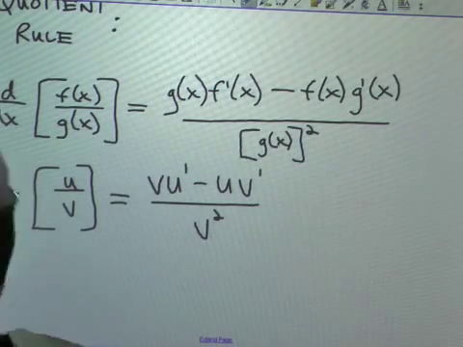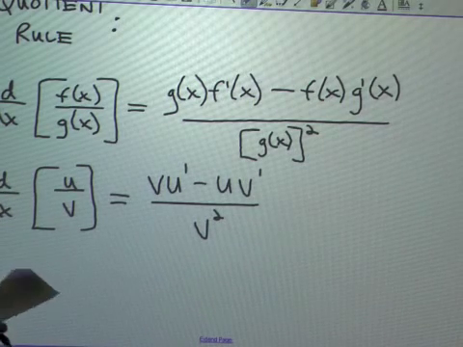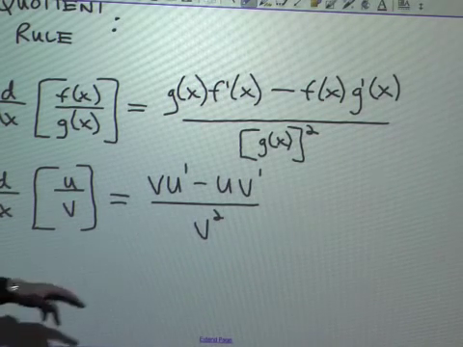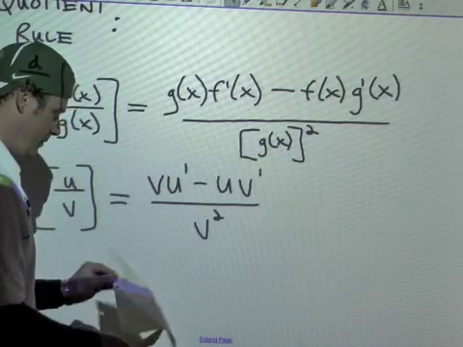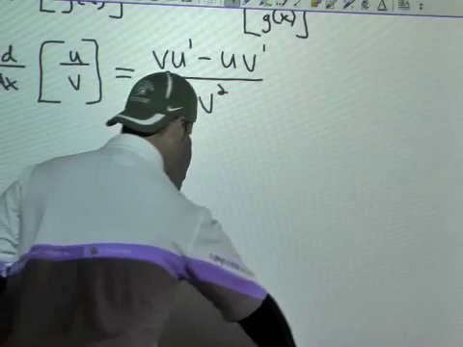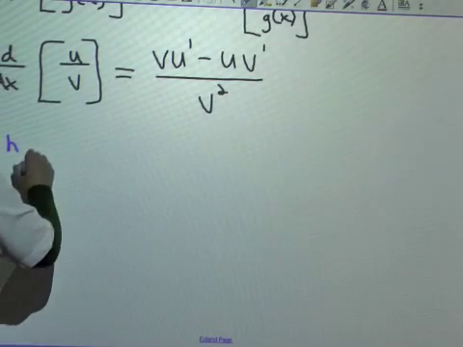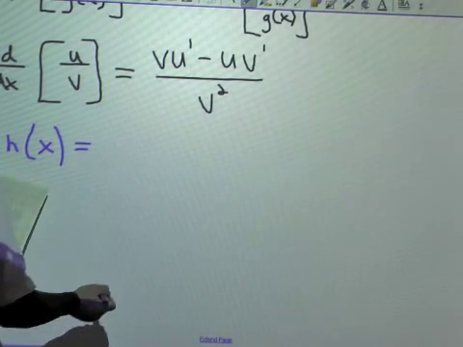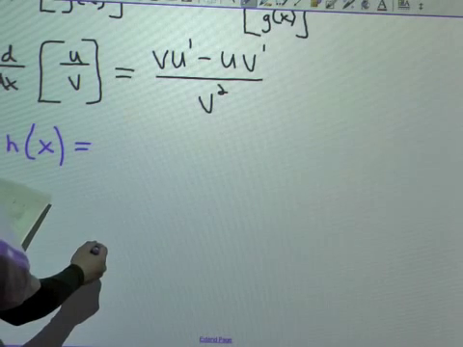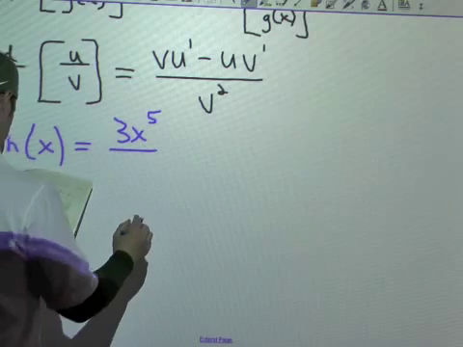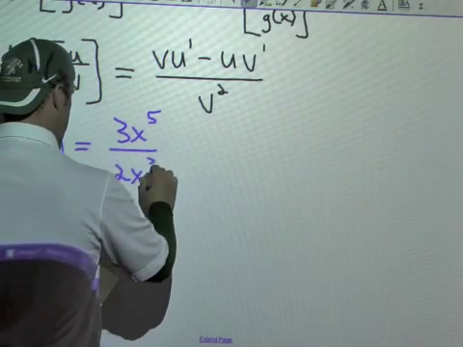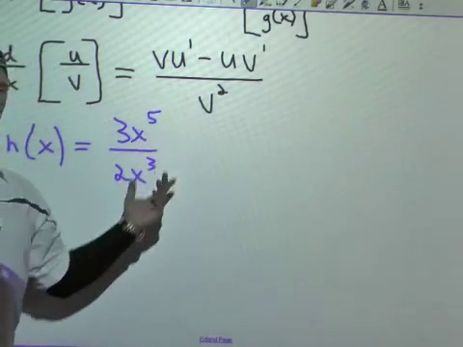So you'll see both of those in action. Now let me try to show you how this works. Again, going back to that last example. So remember I had my h of x function, which was 3x to the fifth divided by 2x cubed. Let's use the quotient rule on this problem.